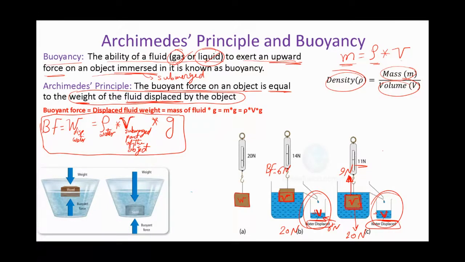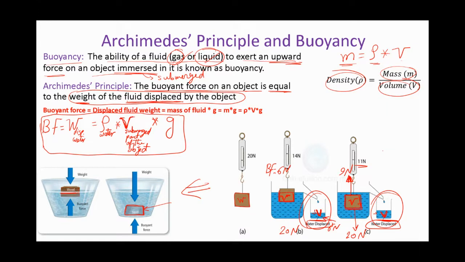So let's look at this picture. We have two cubes. One is steel and the other is wood. The whole cube of steel has sunk under the water. It's now at the bottom. While the wood floats.